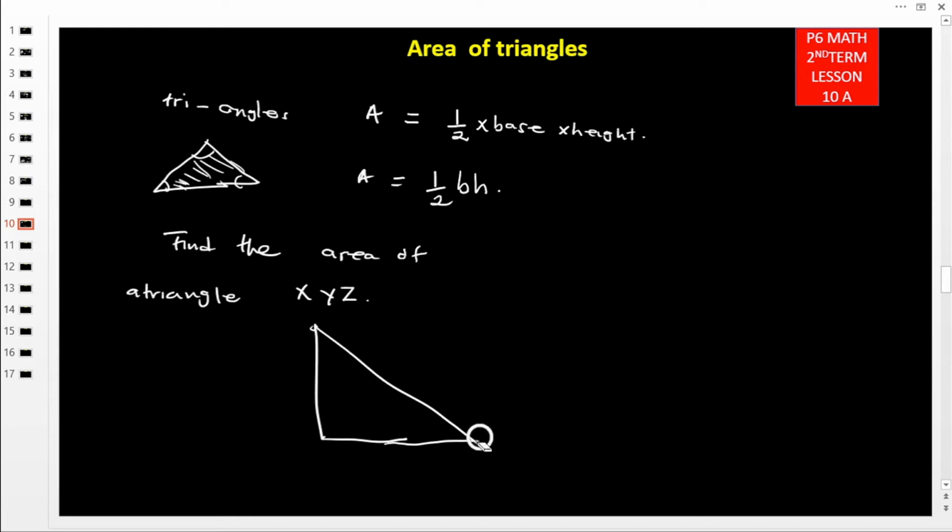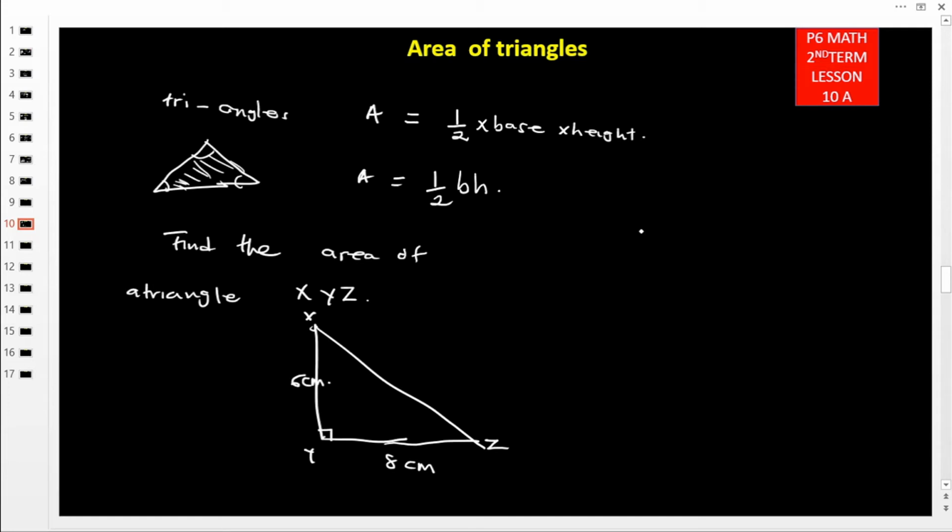Now this is our triangle. When you look at it, it is called a right angled triangle. This point is X, this point is Y, and this one is Z. Here it is 8 centimeters, then here we have 6 centimeters.